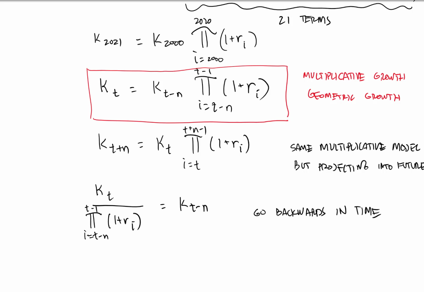So if we knew what the growth rates were in the past, we could deflate rather than project. We could shrink backwards and find out what the population was at different years in the past if we knew what the growth rates were. We just do a division problem rather than a multiplication problem.